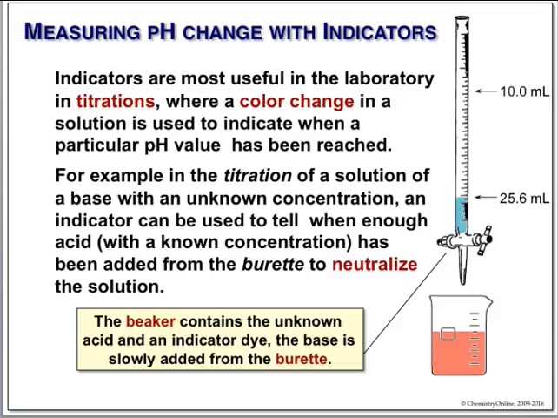So you know a volume for your unknown acid. Here we know a volume and a concentration for your base. Volume and concentration give moles. You know a volume here, you know moles. You calculate concentration. Now we're not actually going to do that, but this is just good background for how you measure a neutralization experiment. Any questions?